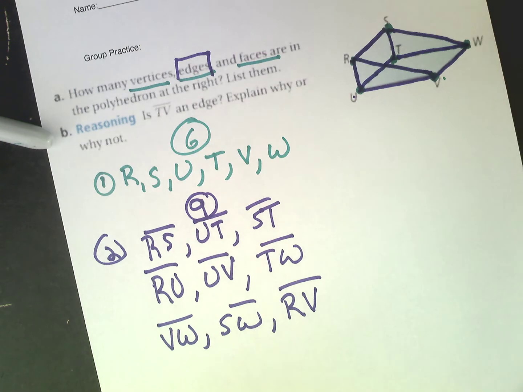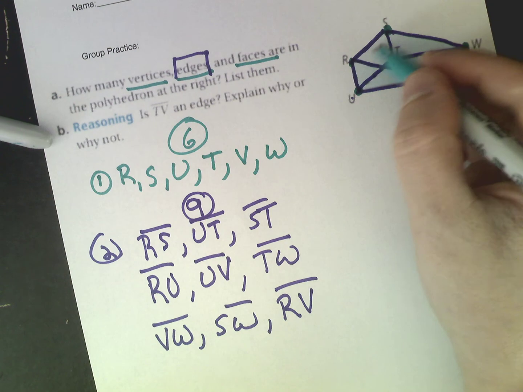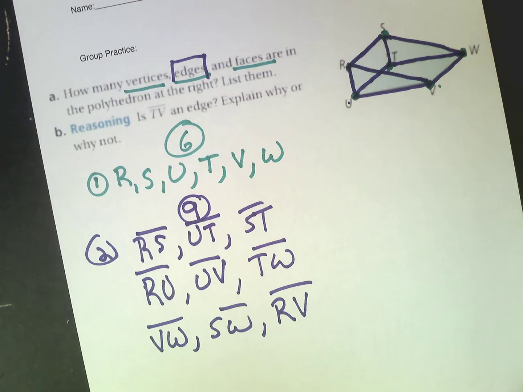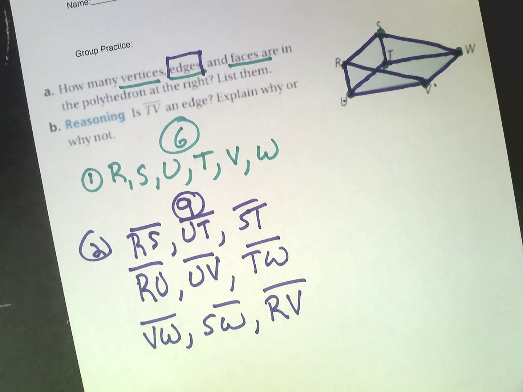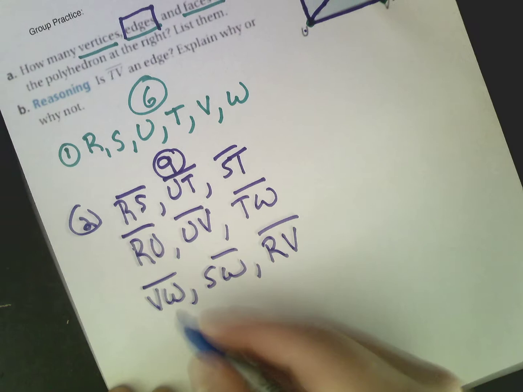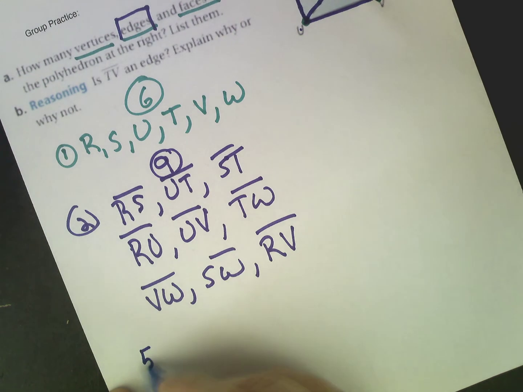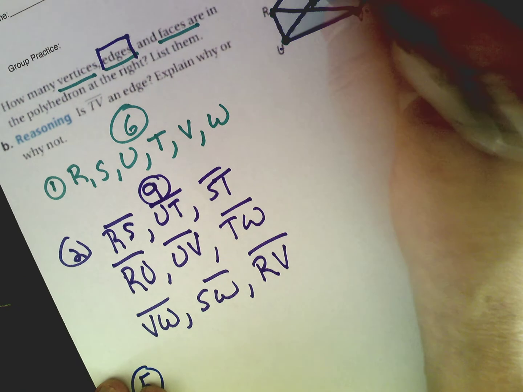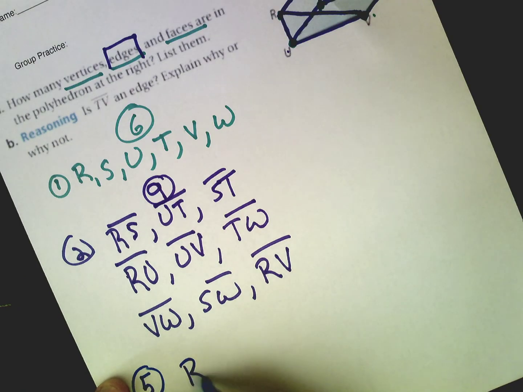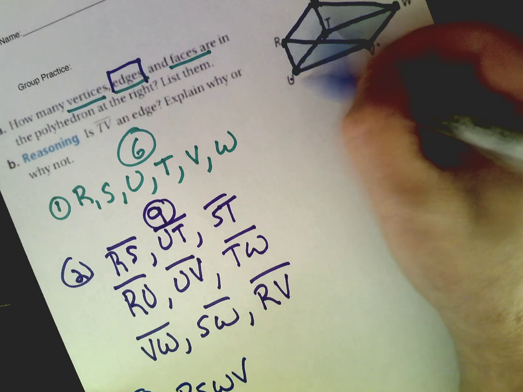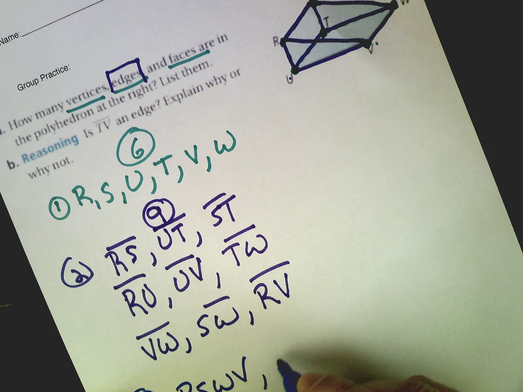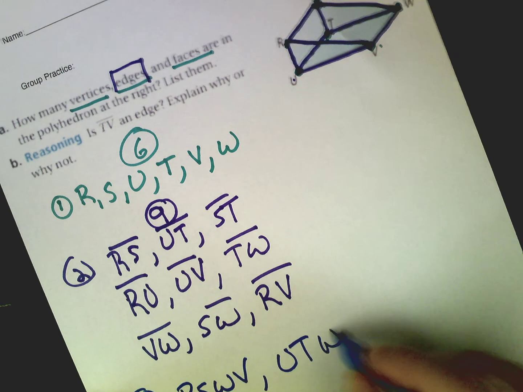We said we have 5 sides. They're really just a whole bunch of planes. I have RS, WV, RS, WV. I have UT, WV, UT, WV. That's the one on the bottom.